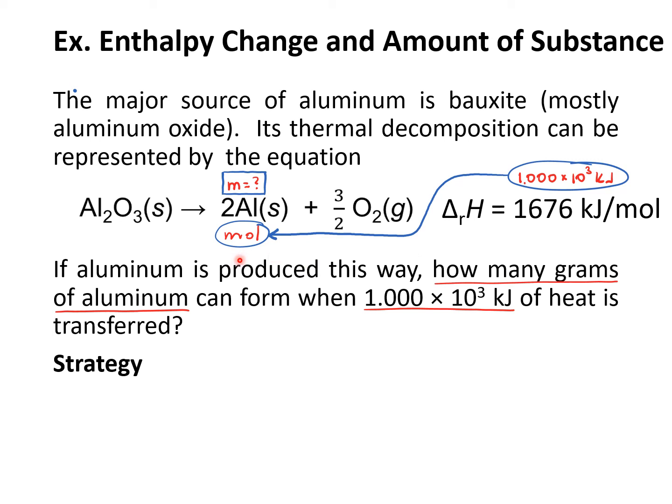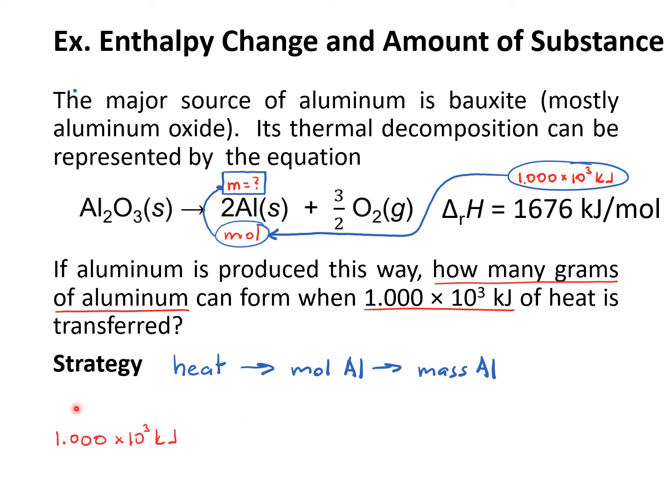Once we know the number of moles of aluminum, we can calculate the mass of aluminum using the molar mass. So again, the strategy is to start from the heat transferred and use that to calculate the number of moles of aluminum and then calculate the mass of aluminum.